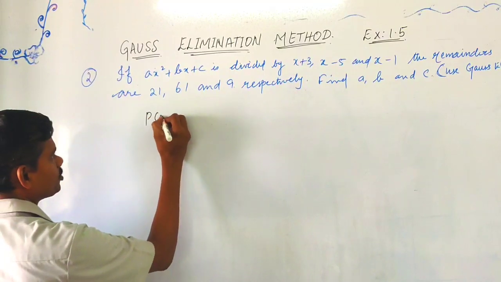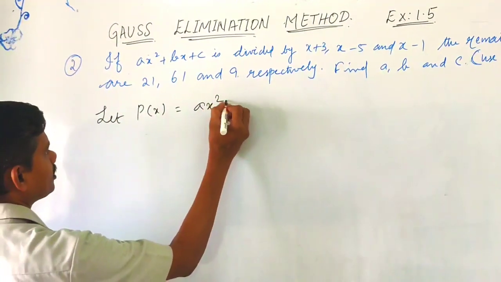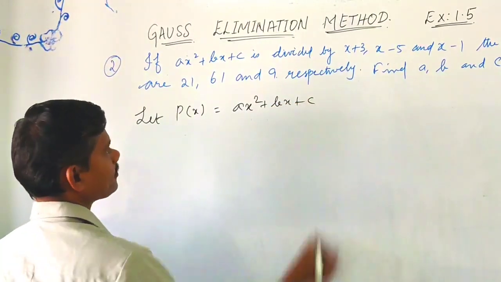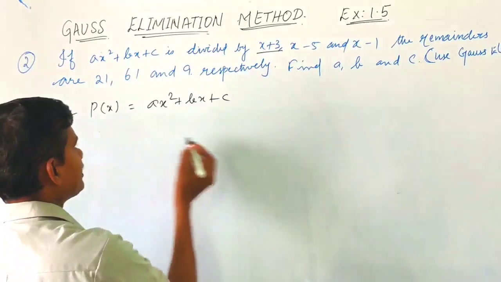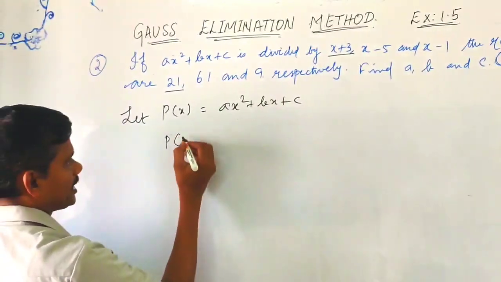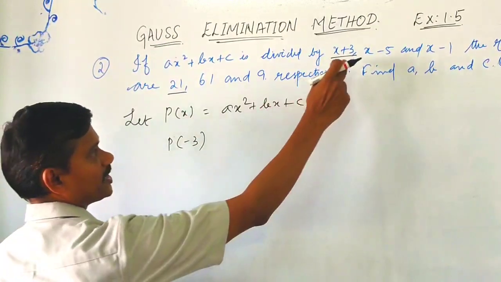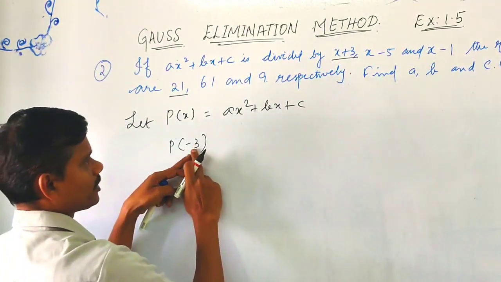So I am going to assume this polynomial as p of x is equal to ax square plus bx plus c. When this polynomial is divided by x plus 3, I will get the remainder as 21. So I am going to substitute x as minus 3. When you are dividing with x plus 3, we have to use minus 3.